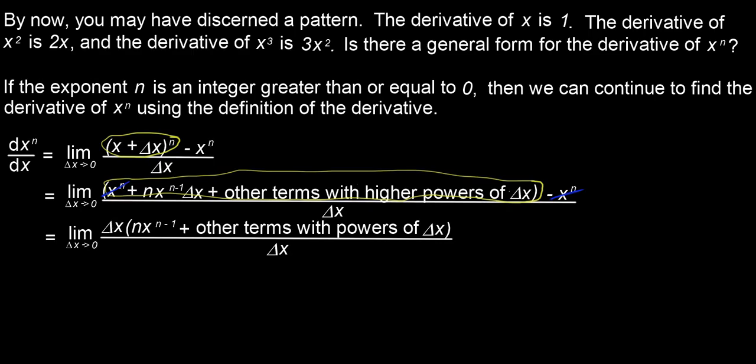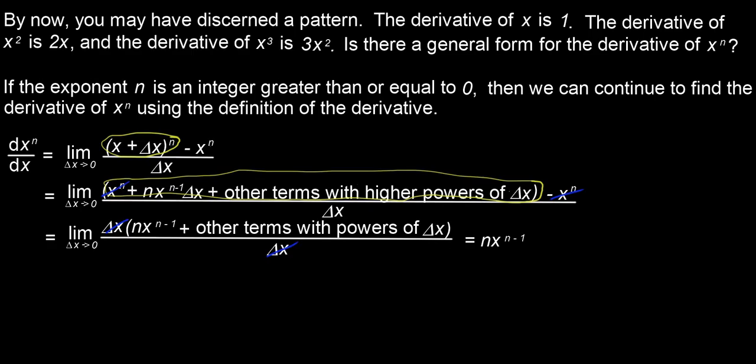And to evaluate this limit, we can cancel out delta x from numerator and denominator. And at this point, just like we've done in derivatives of lower powers of n, we can evaluate this limit by just substituting 0 for delta x, and we're left with n times x to the n minus 1.